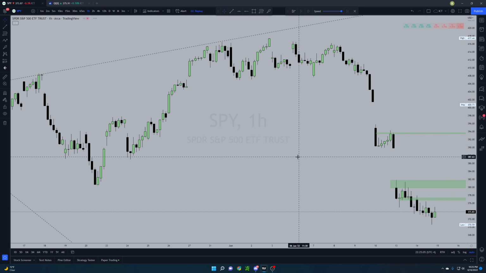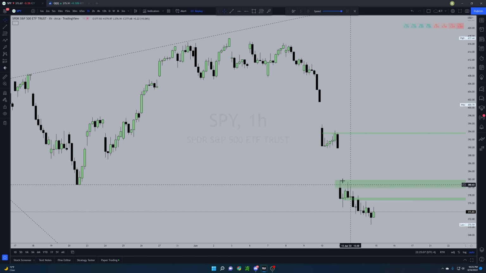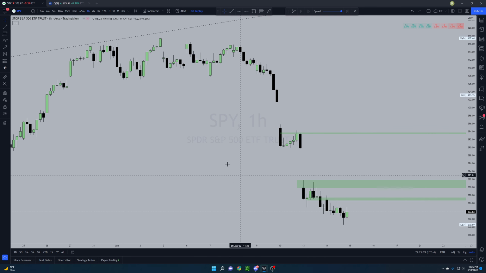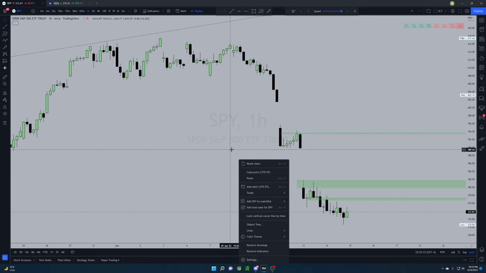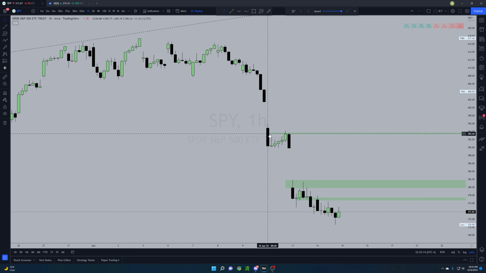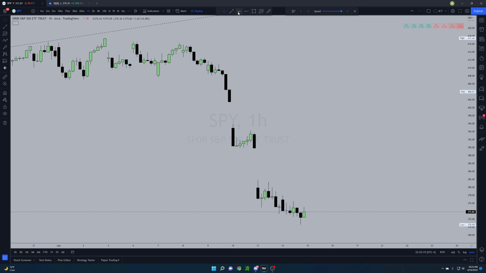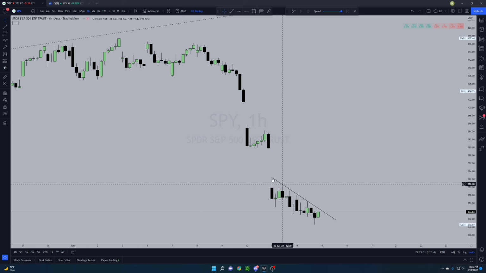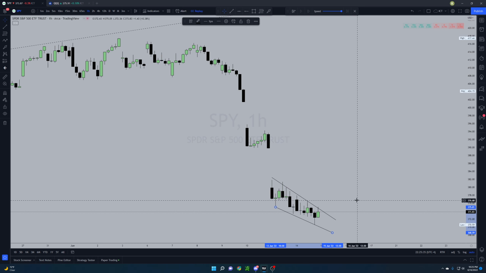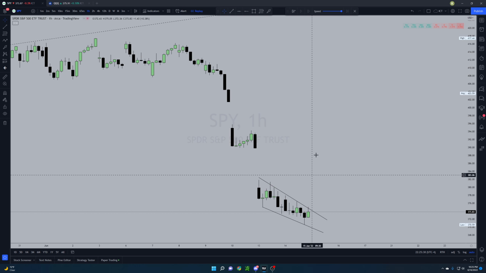So I think we're still just making lower lows and lower highs, pretty consistently. So the trend is really clear. It's just everything kind of looks ready for a move up of some sort. This little downtrend that we have, if this gets invalidated or broken here, then we can most definitely go back up to the high.